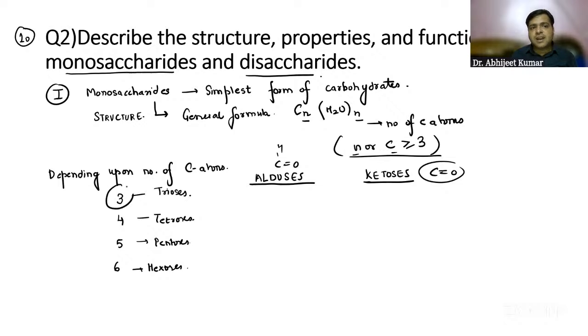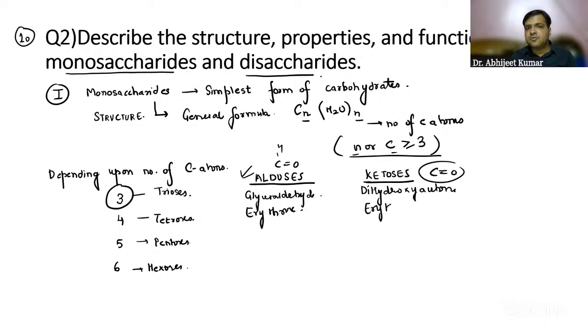For 3 carbon atoms, the aldehyde derivative is glyceraldehyde and the keto derivative is dihydroxyacetone, which we drew on the very first slide. For 4, it is erythrose, and the ketose is erythrulose, right?